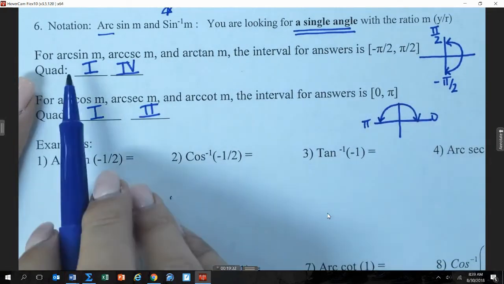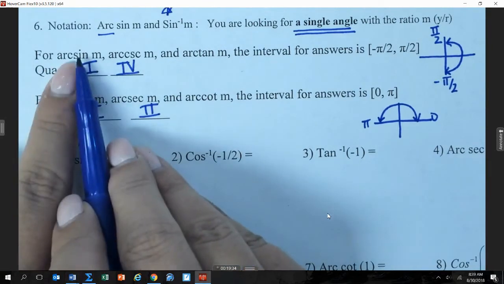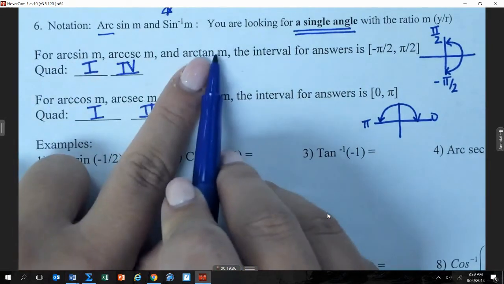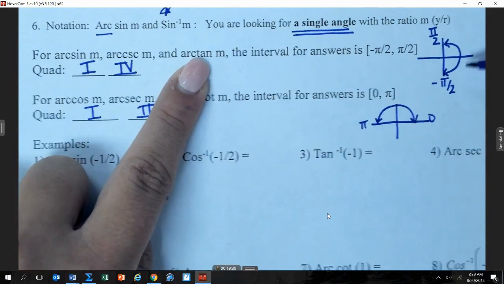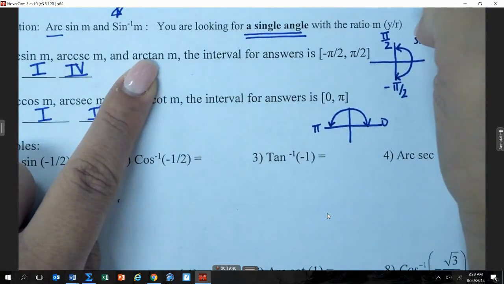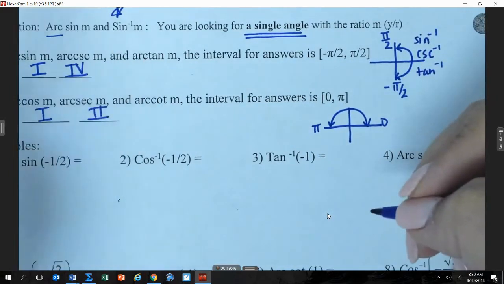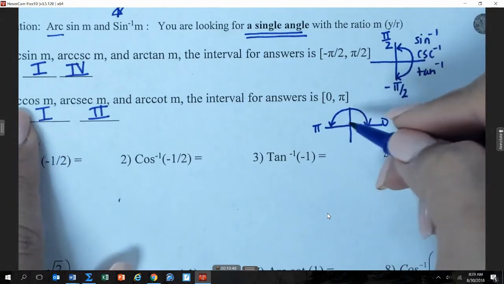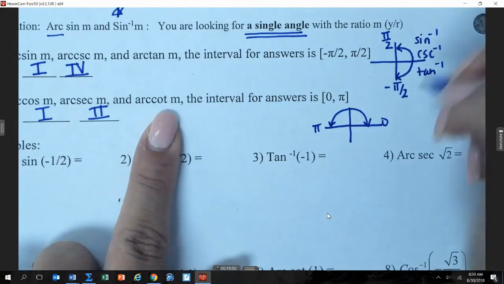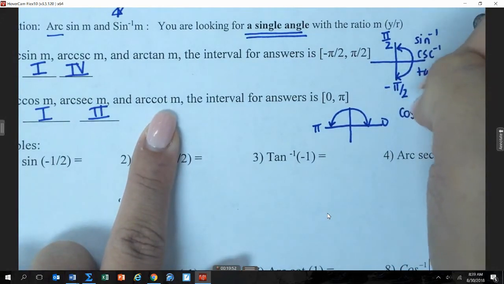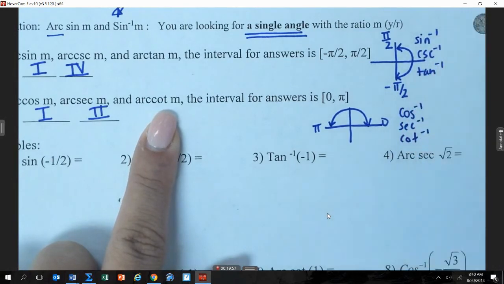So arc sine, arc cosecant, and arc tangent go on this interval. Okay. So that would be sine inverse, cosecant inverse, and tan inverse. Right? And then for this interval, the 0 to pi, it says arc cosine, arc secant, and arc cotangent. So this would be cosine inverse, secant inverse, and then cotangent inverse.